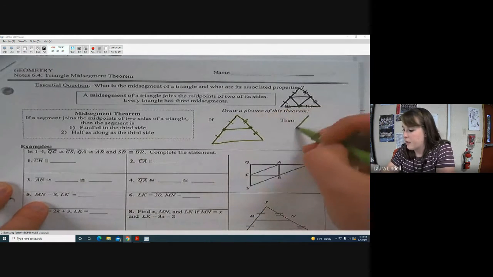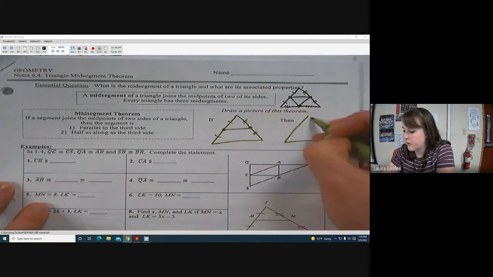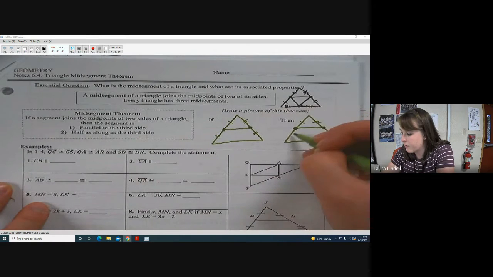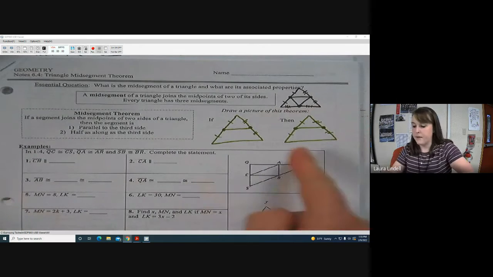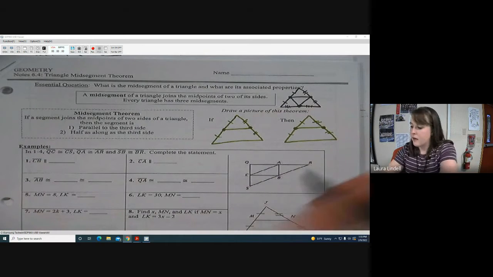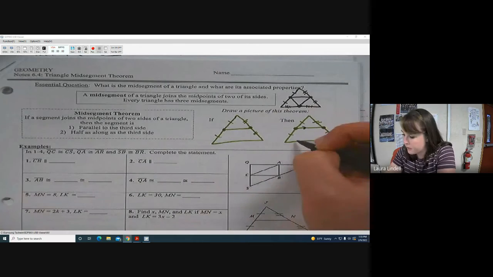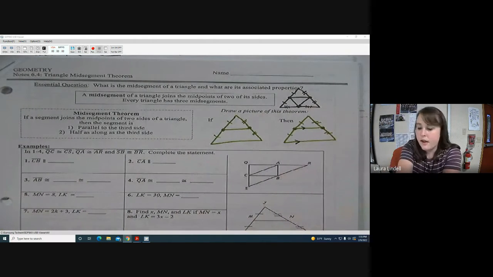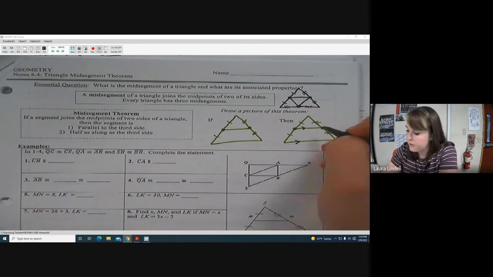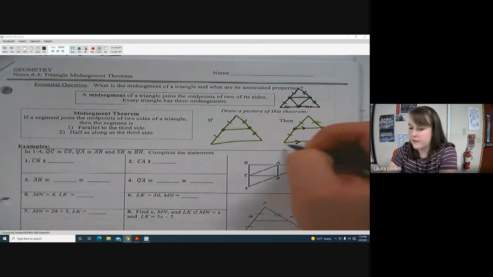And then we draw the same picture, because if you have the midsegment, then these things are true. Okay, so if you've got a midsegment, then the midsegment is parallel to the third side, to the side that's not involved.